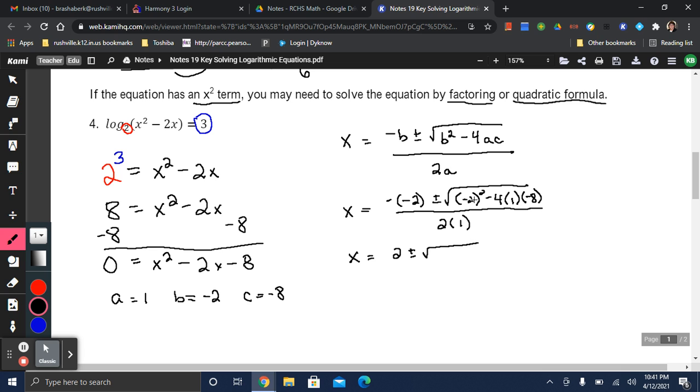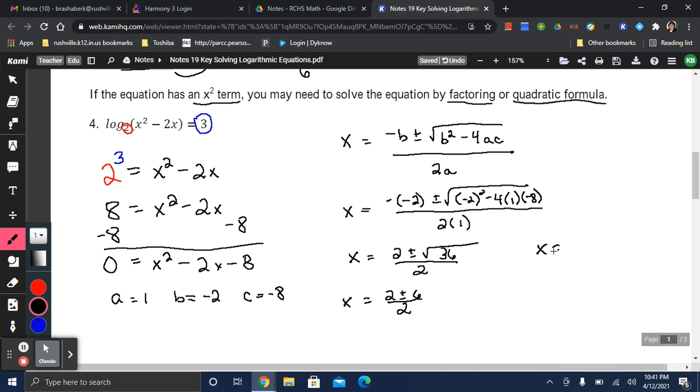And so we'll continue to simplify, giving us 2 plus or minus. Now, you can do this on Desmos. If you type in what's inside the square root here, this would become 36 over 2. And the square root of 36 is 6. So 2 plus or minus 6.